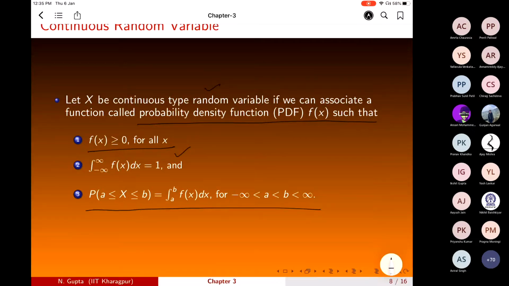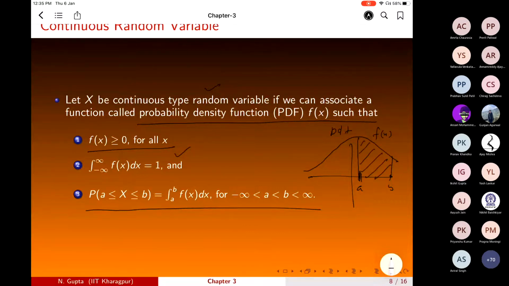okay, so some function is there. If you want to find out the probability of that, this is the PDF, so we have to find over this area basically.